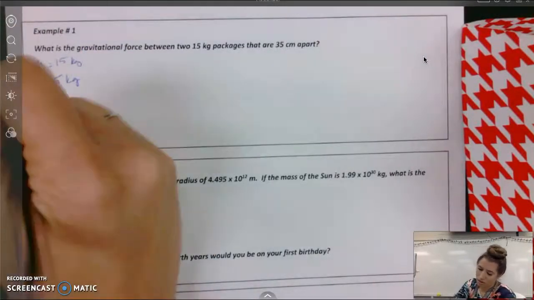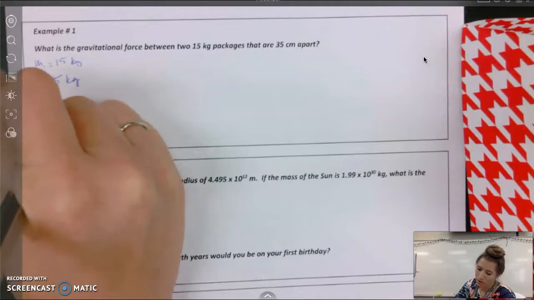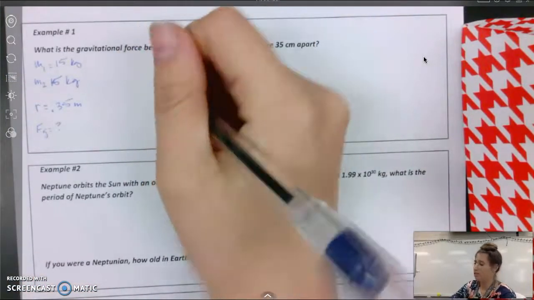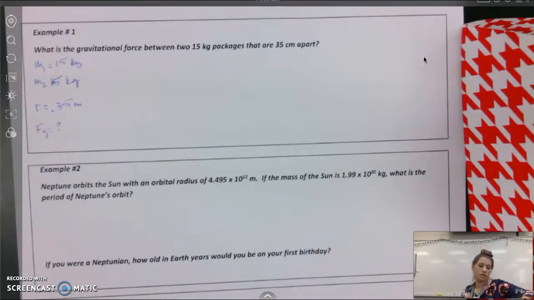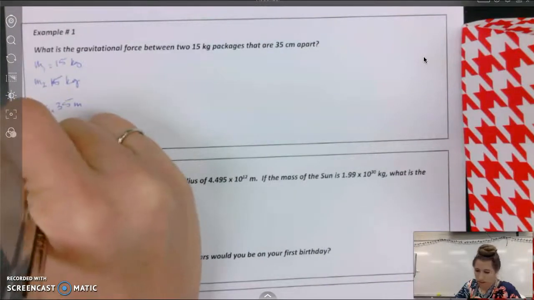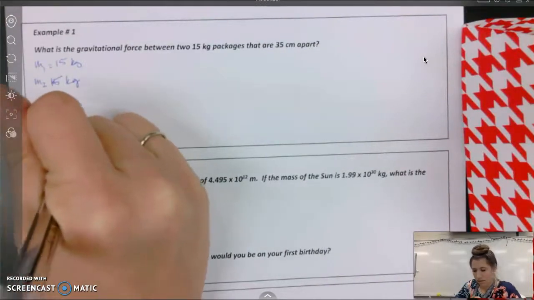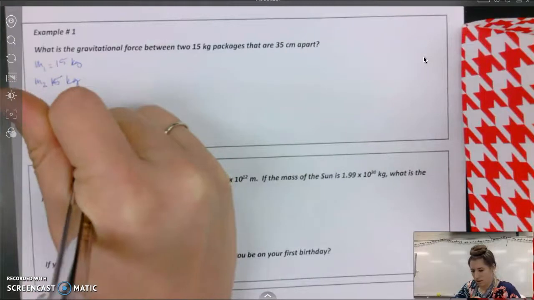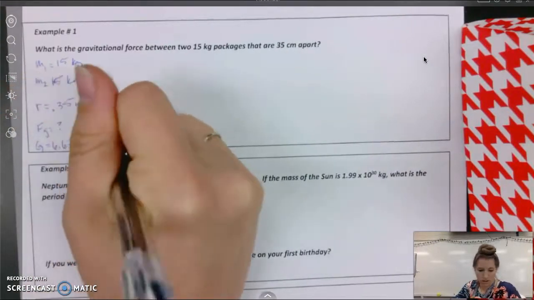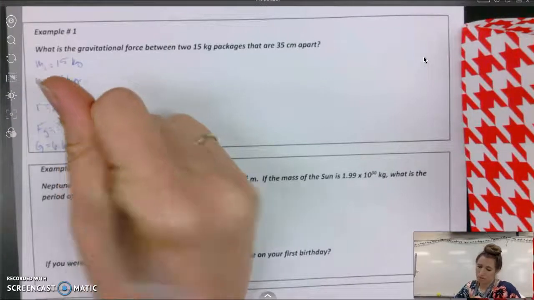And we want to know what that force due to gravity is. Let's write down our constant as well. This G constant is 6.67 times 10 to the negative 11, and the units are newton meters squared per kilogram squared.